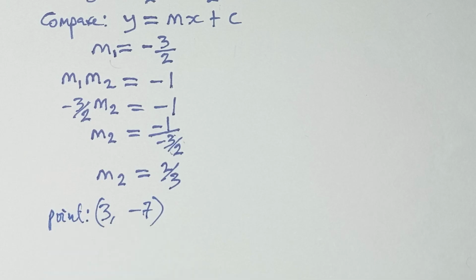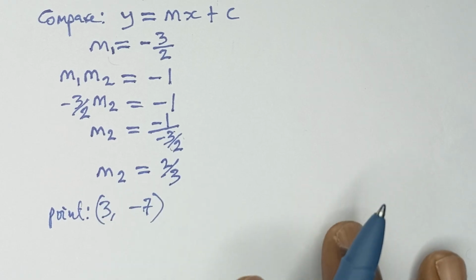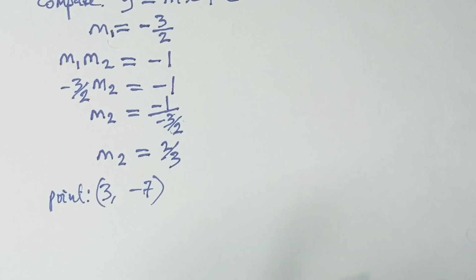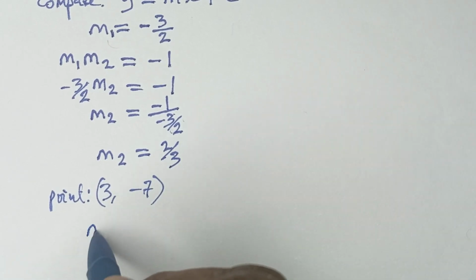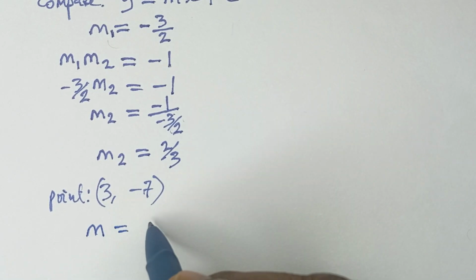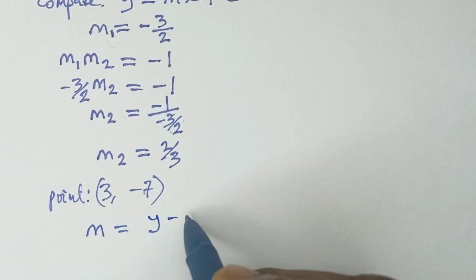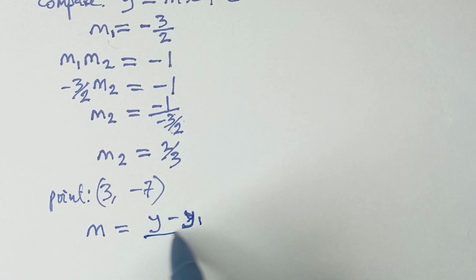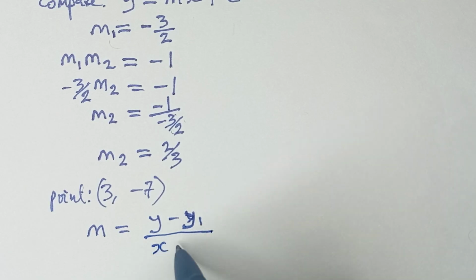So since we have this point now, what we need to do next is to use this slope. Don't forget, the line passes through this point, and this is the slope of the new line. So don't forget that the slope of a line can be given as m is equal to y minus y1 all over x minus x1.